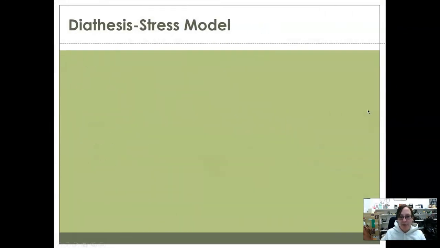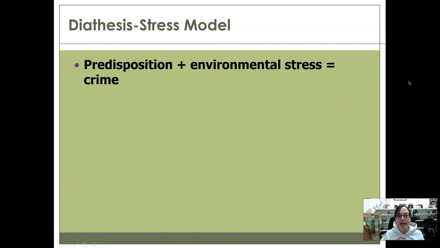And so biological theorists, to address this, while still recognizing that there are biological components, came up with the Diathesis-Stress Model. This is basically combining the biological side with the sociological or situational factors as well. So it's the biological predisposition. Certain people are more predisposed to violence or aggression or what have you.